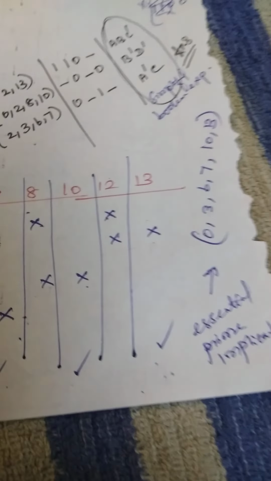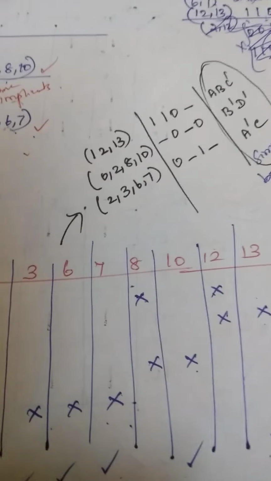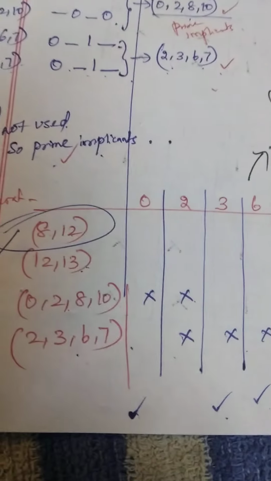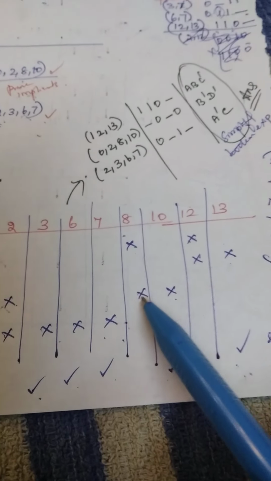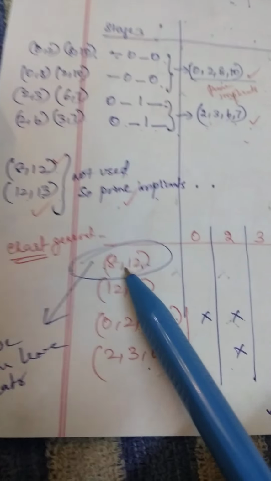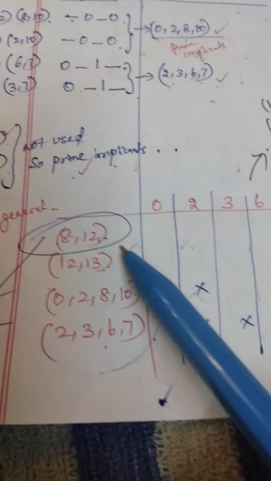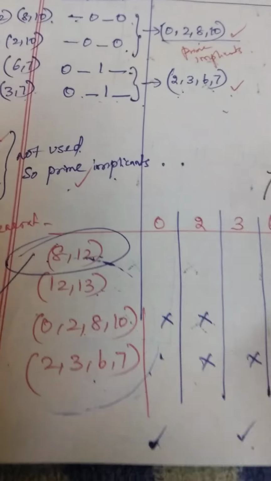These will be called essential prime implicants. Then the next stage is we will be considering only the essential prime implicants. So we need not have this one, because 8 and 12 are repeated here, 8 and here 12. So we can leave this and consider these three only. We need to calculate the later simplification step from these values.